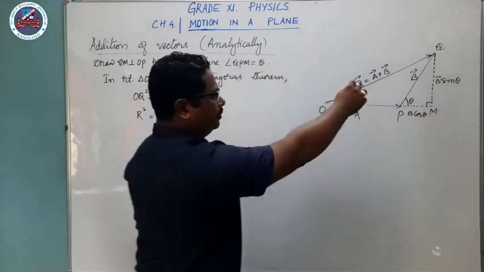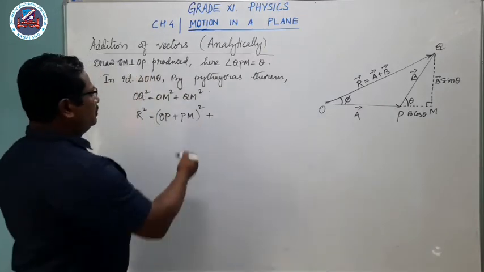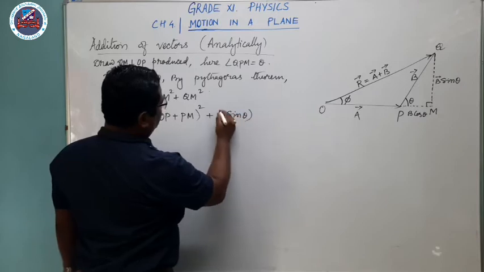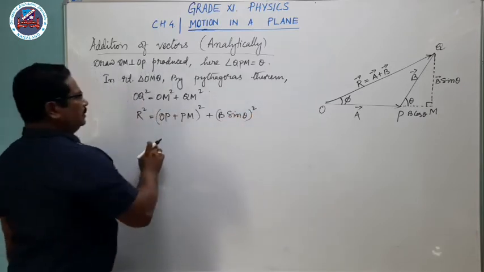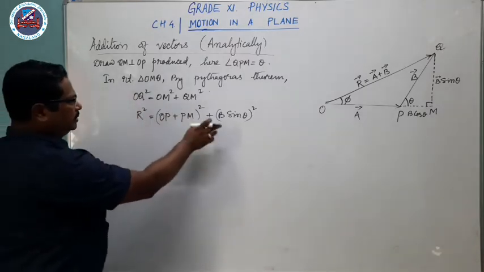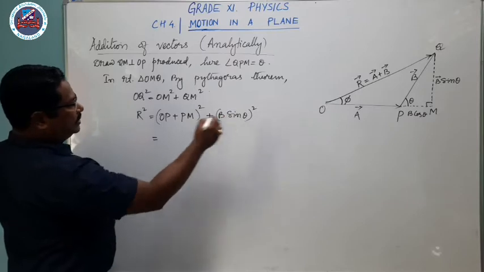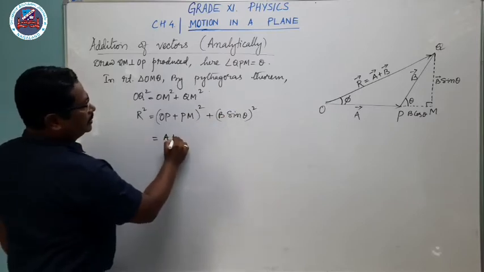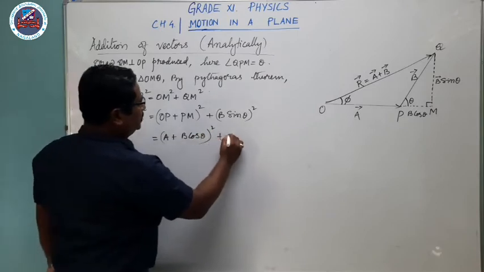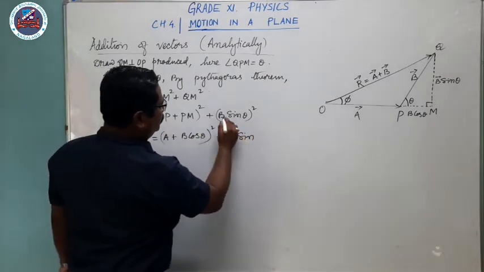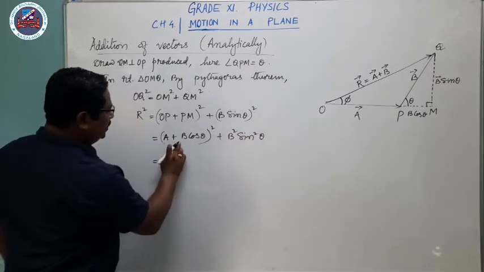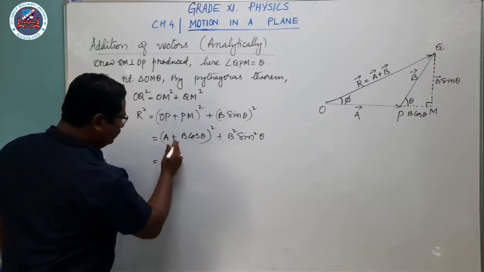Now QM square is B sine theta, under square. Remember that we are finding a magnitude, so don't put the vector signs here. OP is A plus PM is B cos theta, square, plus B square sine square theta.